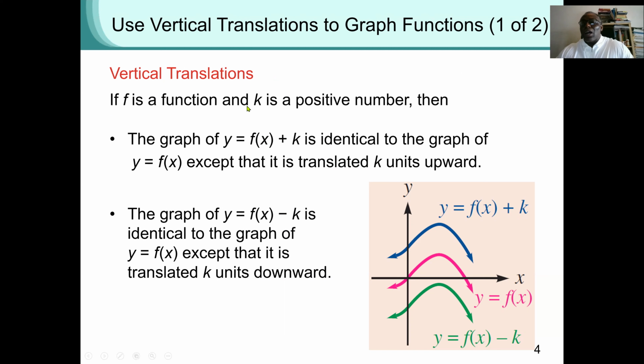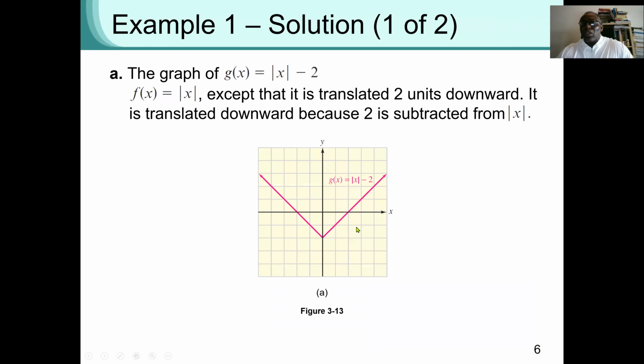Minus k, downward. Now, if I have f at x plus k in a parenthesis, then it's going to translate horizontally to the left. f at x minus k in a parenthesis is translating horizontally to the right. And that's what we have here.